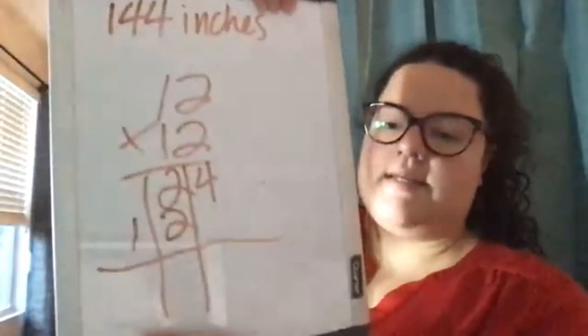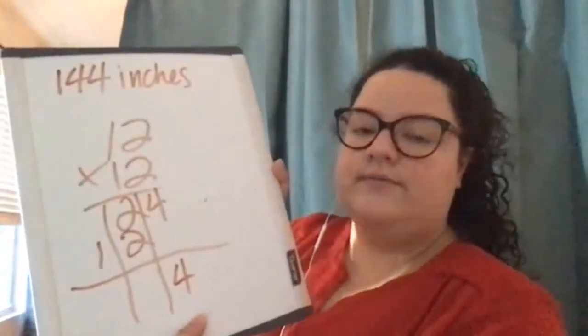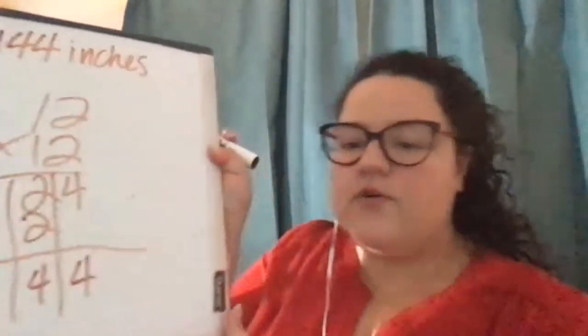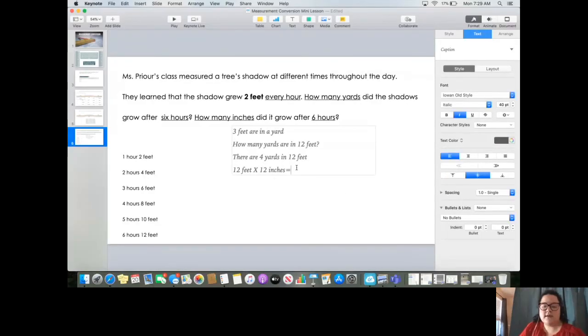Bring this 4 down. 2 plus 2, 4. And then we're going to bring this 1 down. We'll end up with 144 inches again. So let's go back to our page where we're answering that problem. 12 feet times 12 inches equals 144 inches.